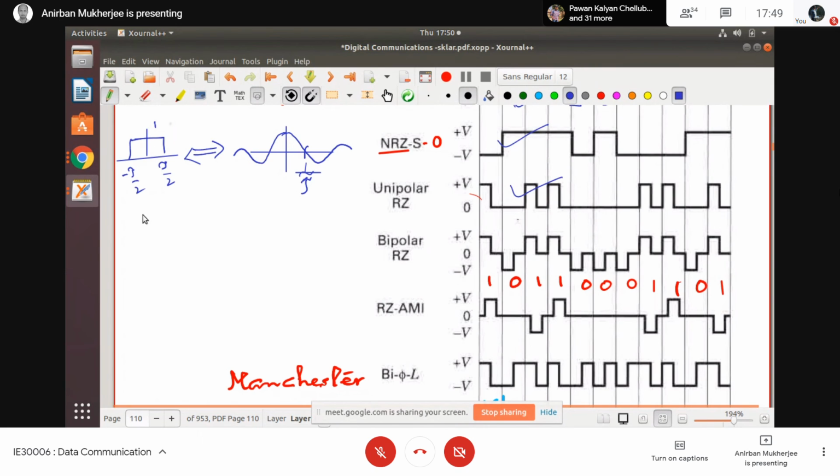If this is your g(t), they write g(t) in their notation as pi of t by tau, meaning t by width. In this way they write. And what about G of f? This is your f.